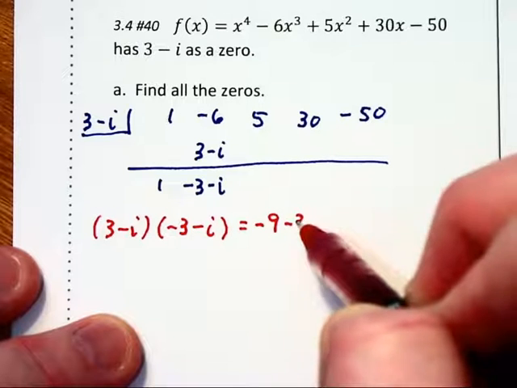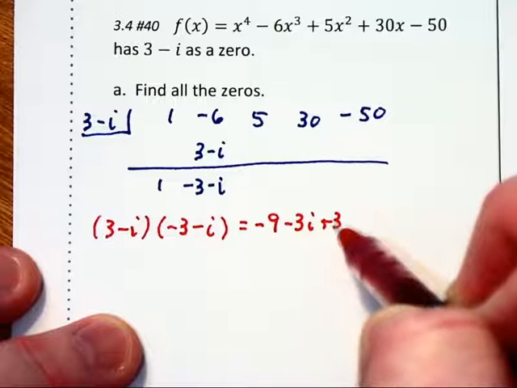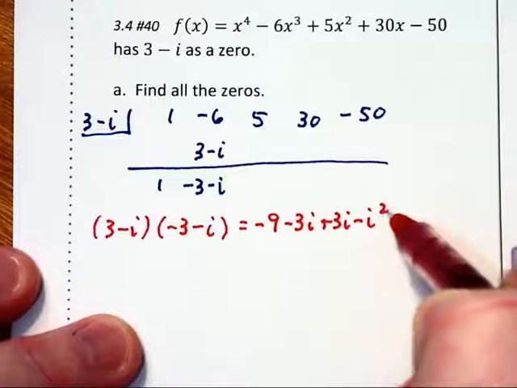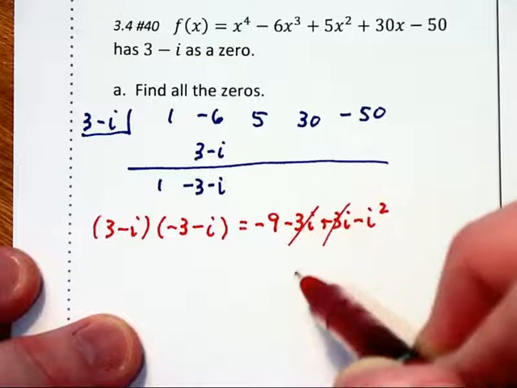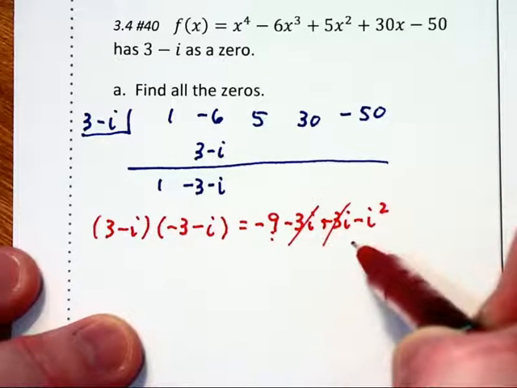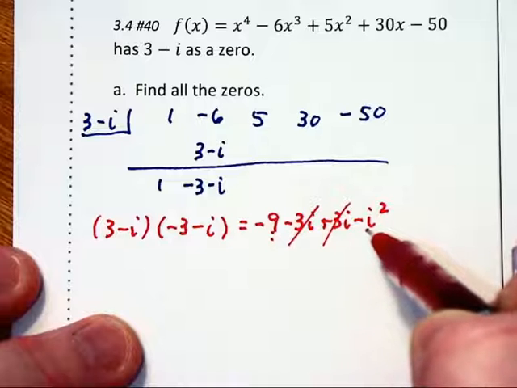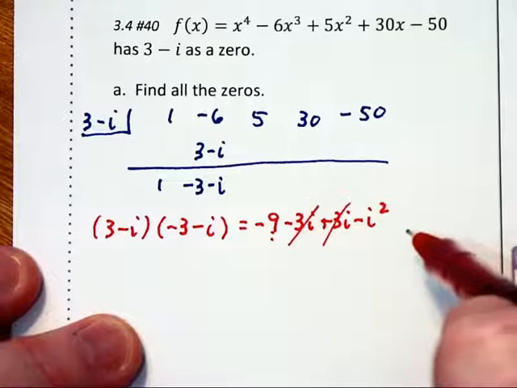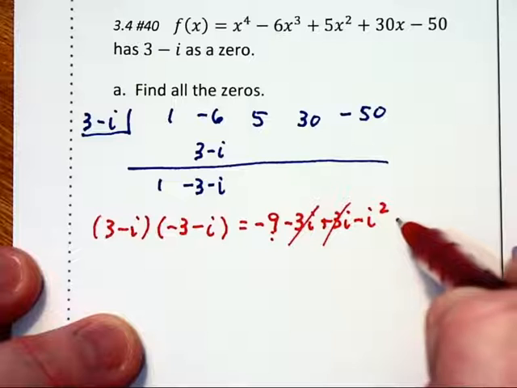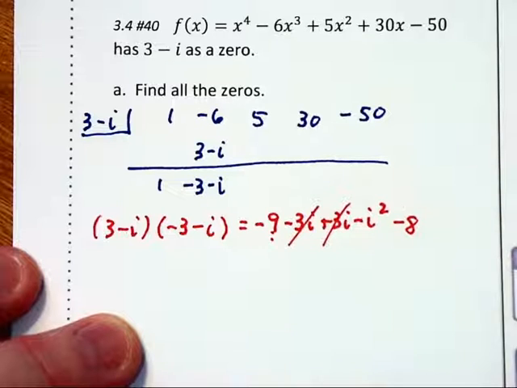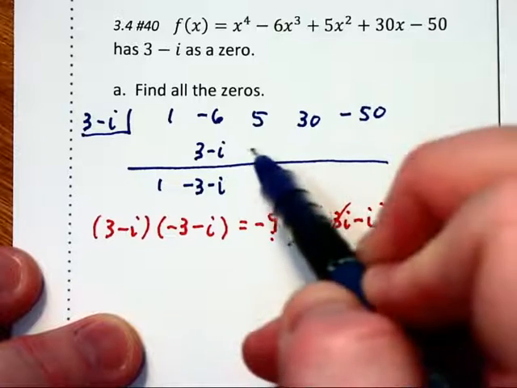We then have minus 3i plus 3i and minus i squared. So these middle terms are going to cancel. We're going to have negative 9 plus 1 making negative 8.